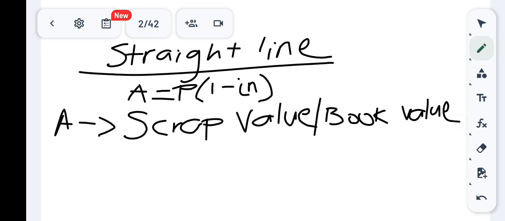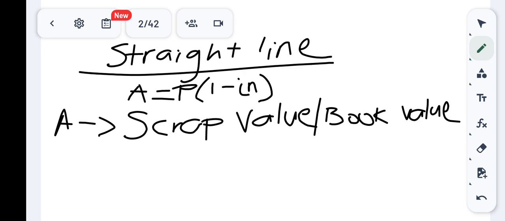What is scrap value? Remember, I bought that phone with 5,000, and after 5 years I sell it for 2,000. So that 2,000 is my scrap value or book value.